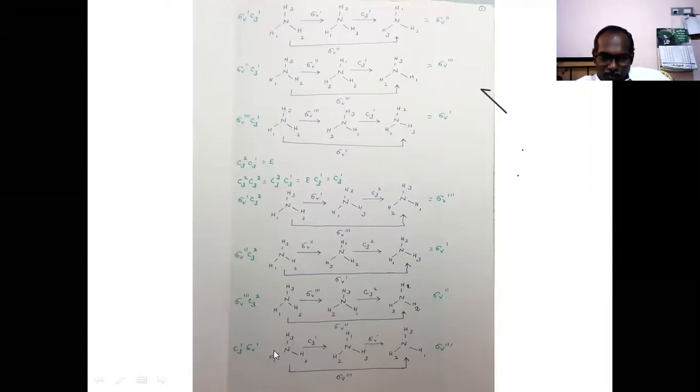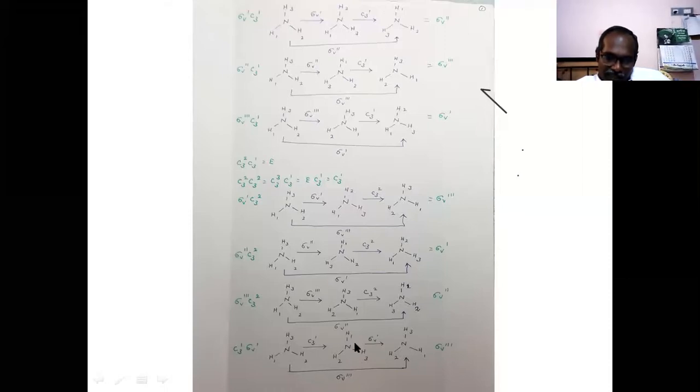I have already told you sigma V dash is the plane which passes through NH1. Now after rotation, the H1 has come here. Therefore, you should not change the position of the plane. This is not NH1. NH1 is remaining here. Sigma V dash is remaining here itself. Don't reflect about this plane. That is sigma V double dash.